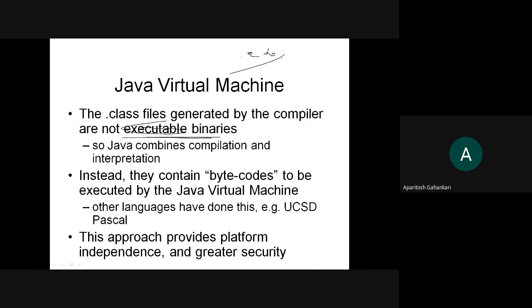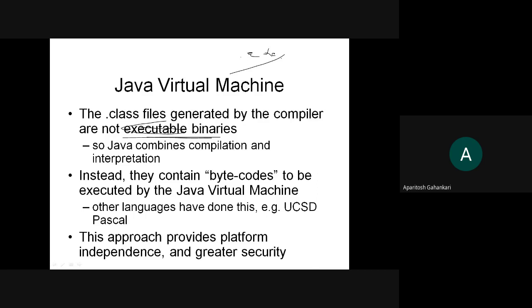Okay, so Java combines compilation and interpretation, and that is how there is a concept of Java virtual machine, because the Java virtual machine is going to work on the dot class file generated by the compiler. That means now we are moving towards the process of interpretation.